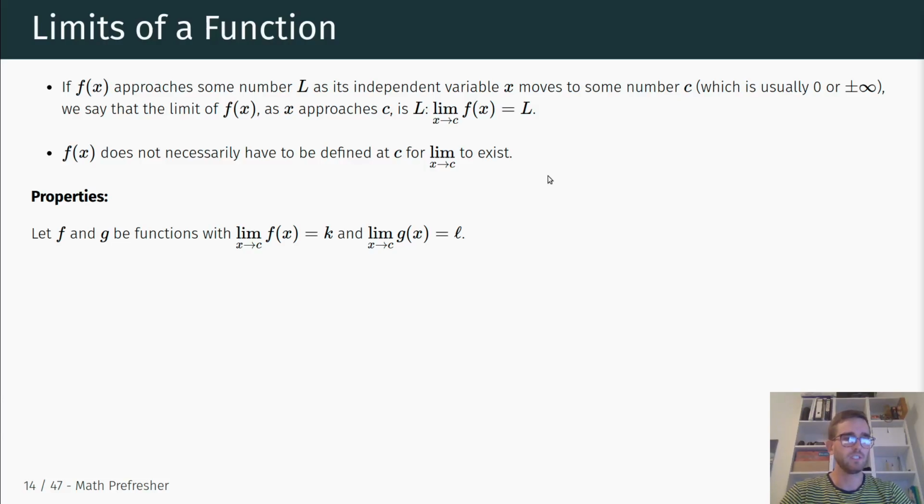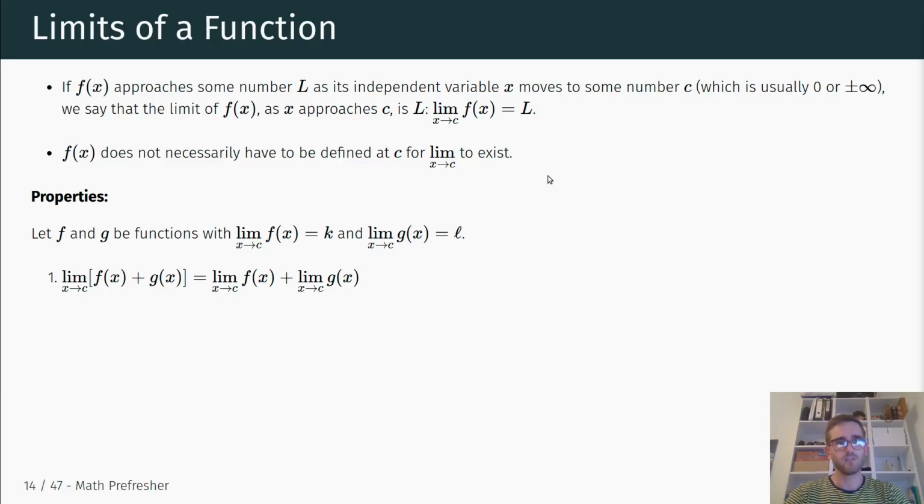First, if we have two different functions, f and g, where the limit of f of x with x approaching c is equal to k, and the limit of g of x for x approaching c is equal to L, if we have this setup, then there are a couple of things that we can say about those two functions.